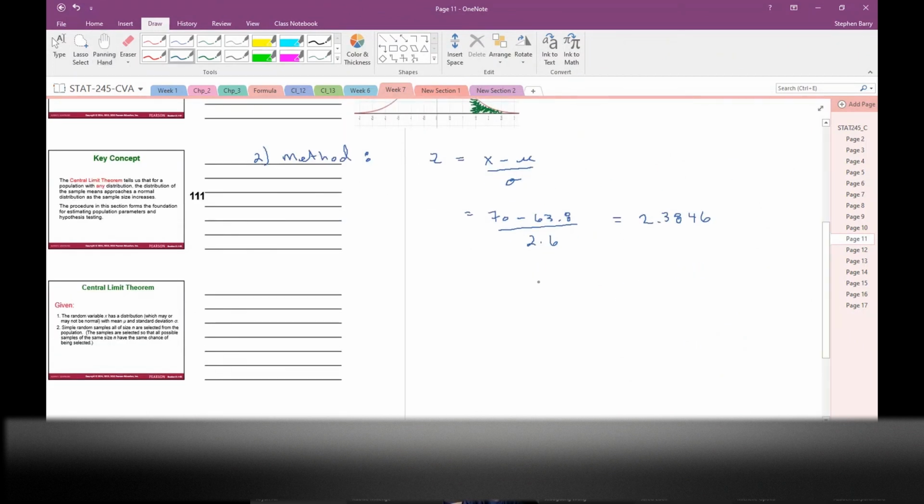So once you have your Z-score, you do another calculation, let's say. So let's calculate the probability. In other words, let's solve the problem. Right? What is the probability of getting a Z-score that is greater or equal to this?